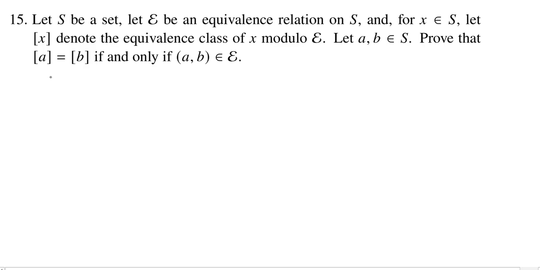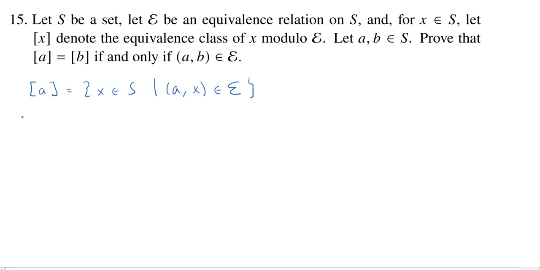So let's start by assuming that two equivalence classes are the same. Well, it's going to help if we know what an equivalence class means. So the equivalence class of A is equal to the set of all elements, let's call them X, in the set, such that (A, X) is an element of, in this case, our equivalence relation E. So we're just looking for all elements which are related to A. That's what the equivalence class is.